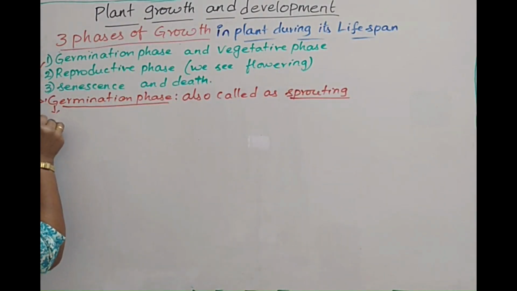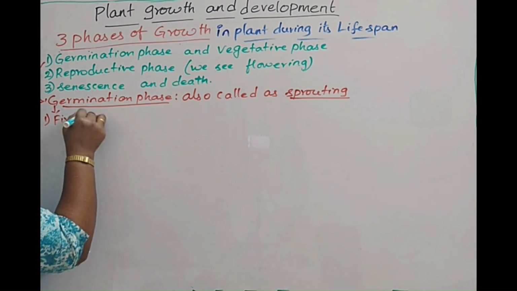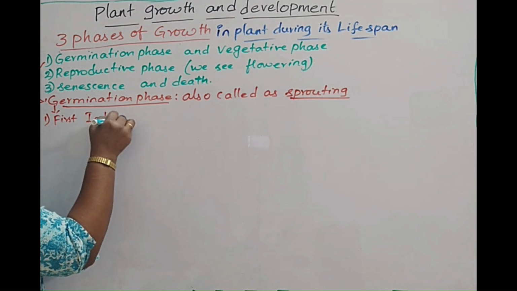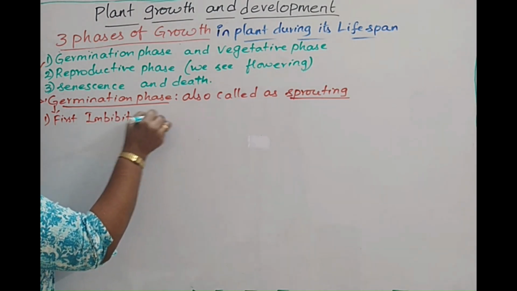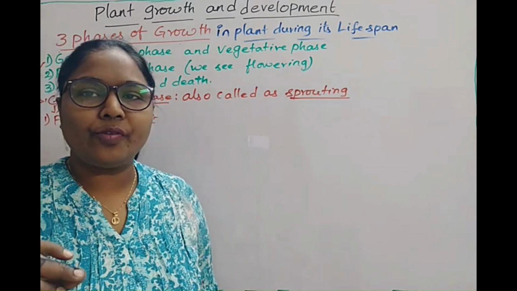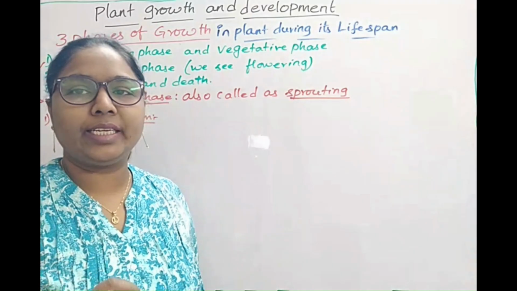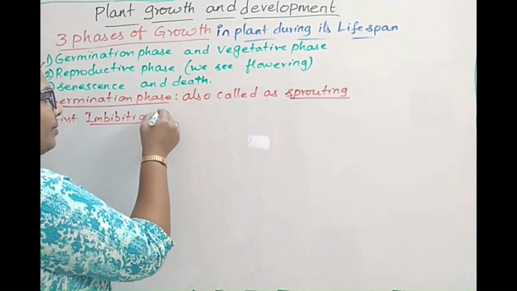So during germination, first step is imbibition. Imbibition means initial sticking of water molecules onto the outermost layer of the seed. That is called adsorption.